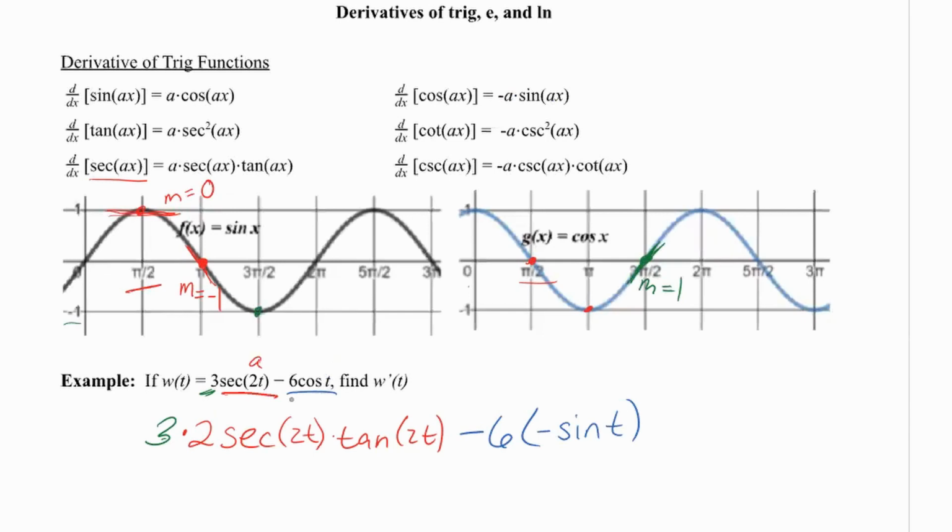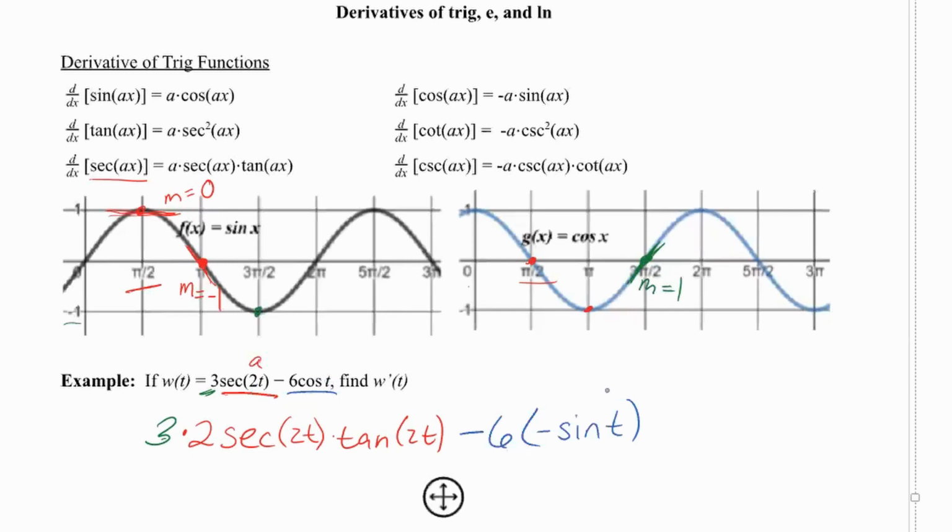I want to note here, sometimes they put parentheses, like we have secant parentheses 2t, and sometimes they don't put parentheses, cosine of t. But either way, this t is the input into the cosine function. It's not multiplied by cosine. It's not cosine multiplied by t. It's cosine of t. It's the input.